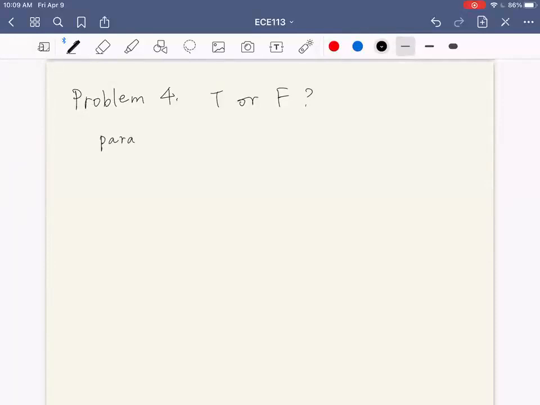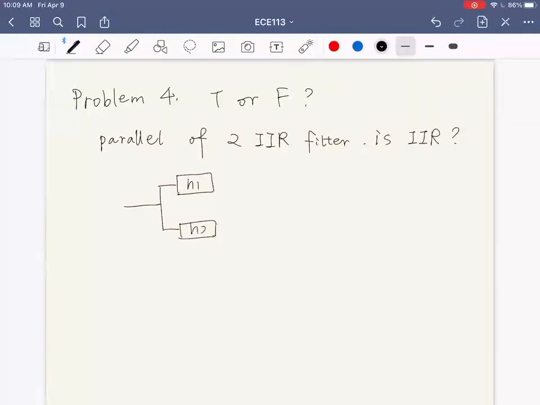Let's say I have a parallel of two infinite impulse response filters. Is it always IIR as well? Let's say we have H1 and H2. We know that H1 and H2 are IIR. So is the parallel of them IIR as well?